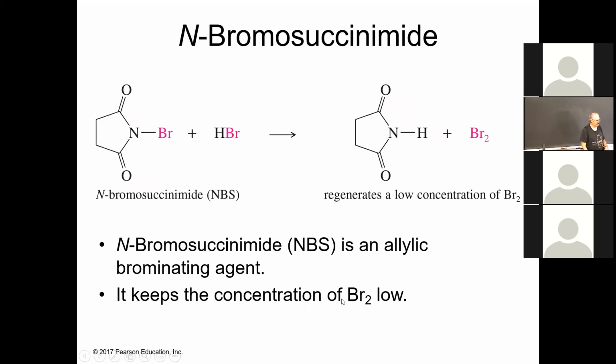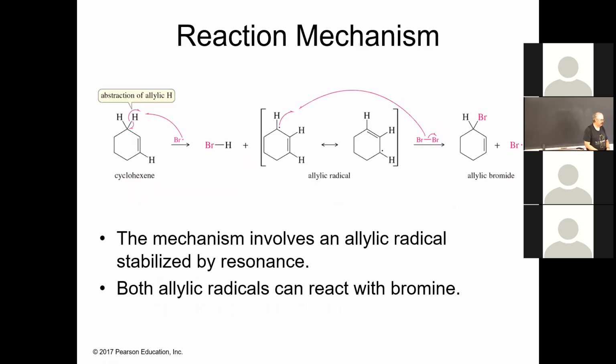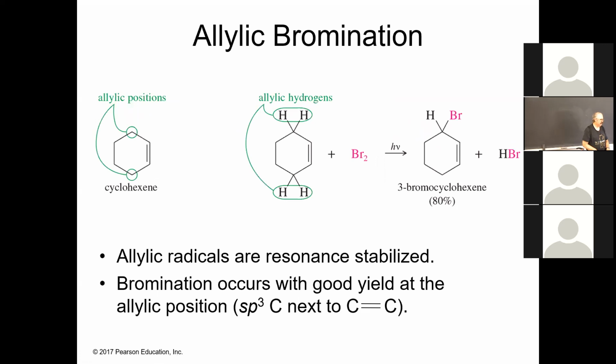Okay, the advantage to this is that it keeps the concentration of bromine molecules low. And as we'll see in the reactions of alkenes when we come to that, Br2 can actually add to the double bond. It's a competing reaction.